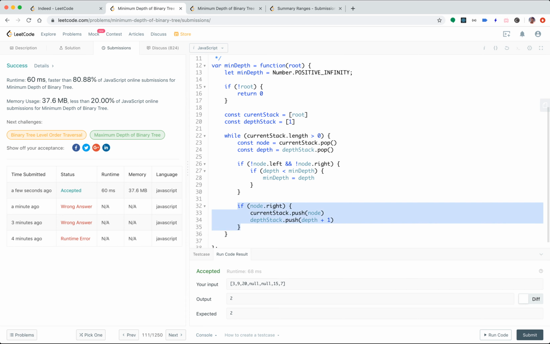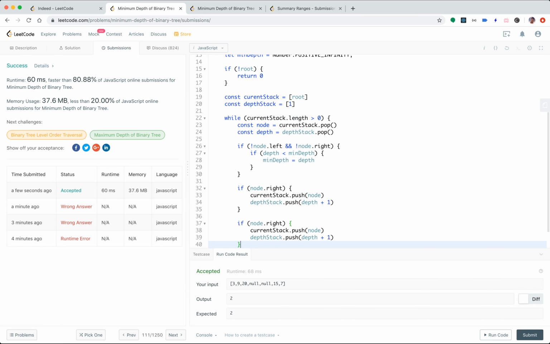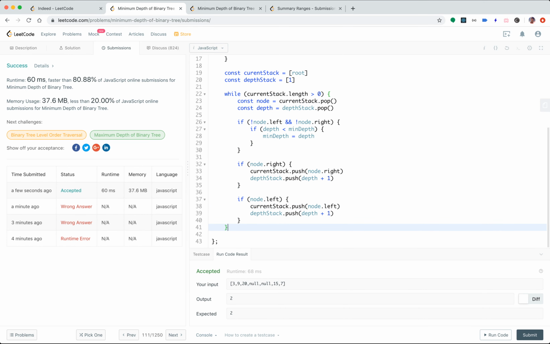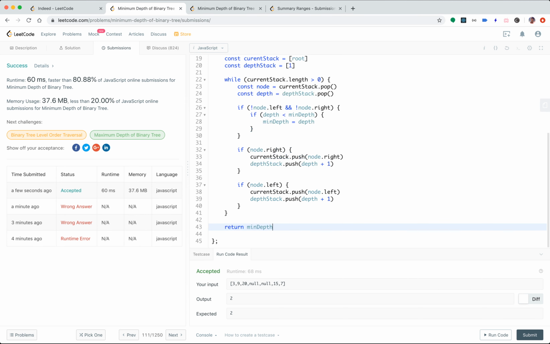Also, we do the same to left, node dot left. And finally we return mean depth, and it should solve the problem.